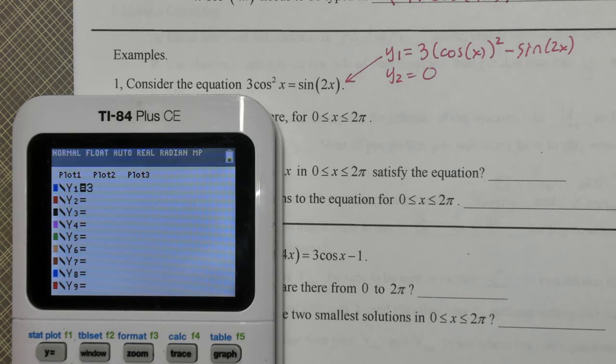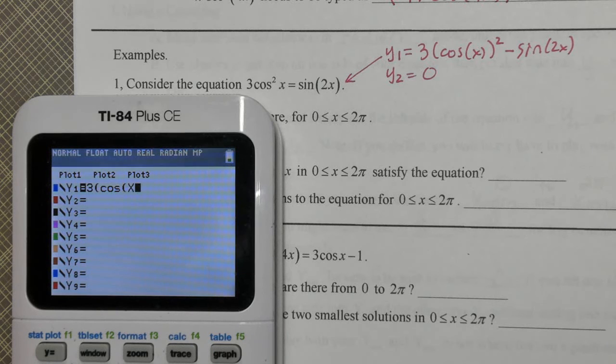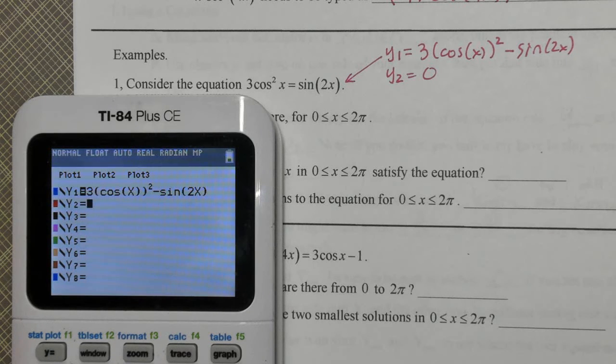So this is going to be 3 cosine, and when we do pull up cosine, we cannot avoid that parentheses there. It's automatically there. So be careful with your parentheses here. Close the parentheses on the x, close the parentheses on the cosine, and then square it. Minus sine of 2x, close the parentheses on the 2x, and then in for y2, I just have the 0.